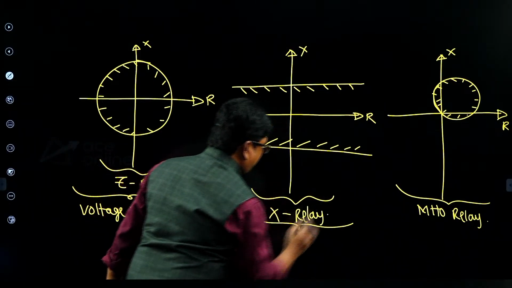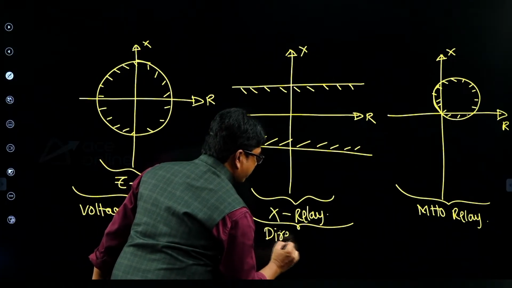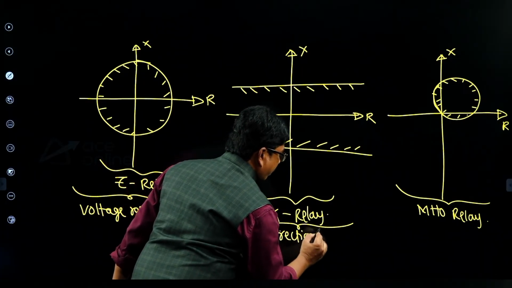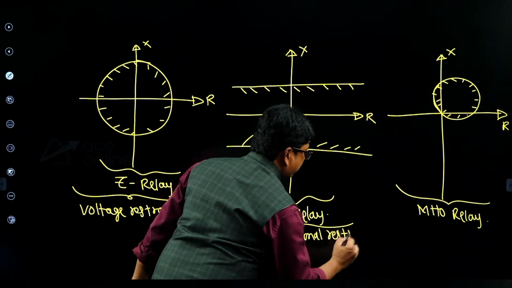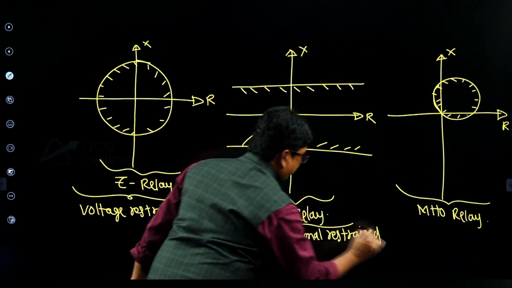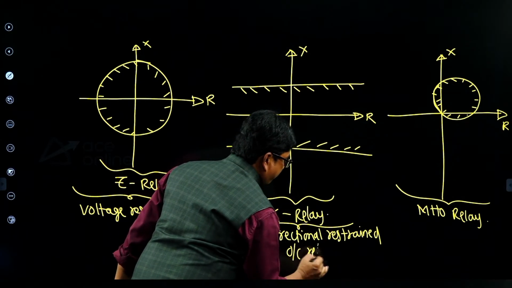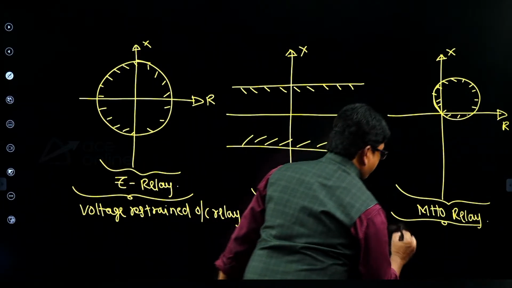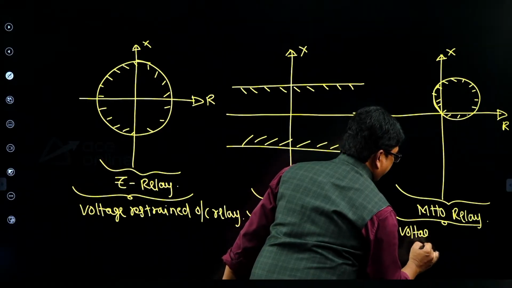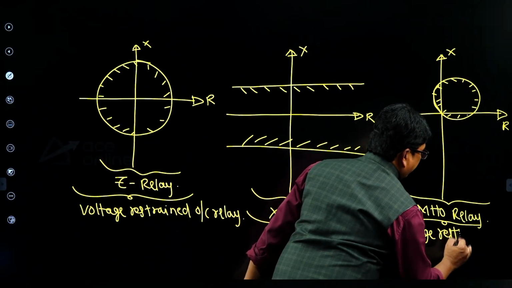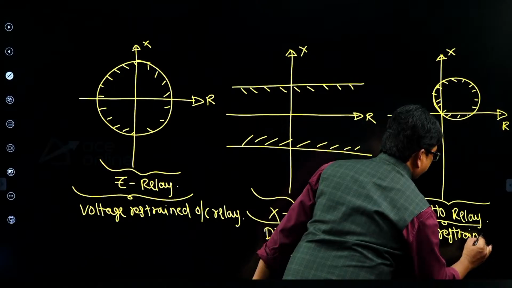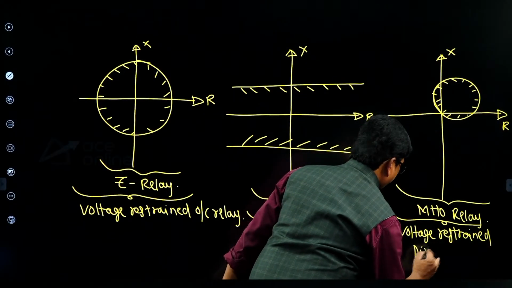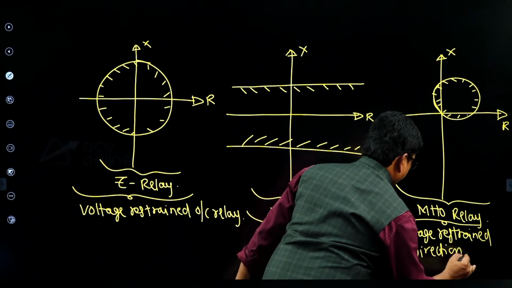Reactance relay is also called directional restrained over current relay, right? And mho relay is also called voltage restrained directional relay.